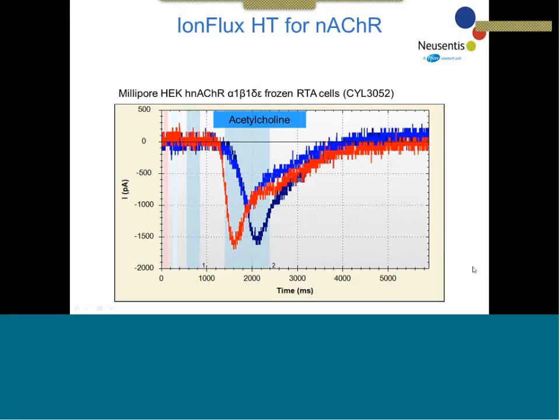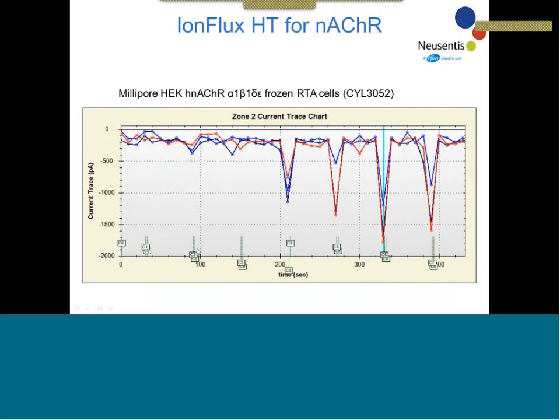I wanted to show you here the speed of the response for nicotinic alpha 1. It's pretty rapid. If you look at the time scale on the bottom, this is in milliseconds, so we're getting very fast responses. And this protocol, again, has been set up to overlap the liquids, so you get instantaneous liquid exchange.